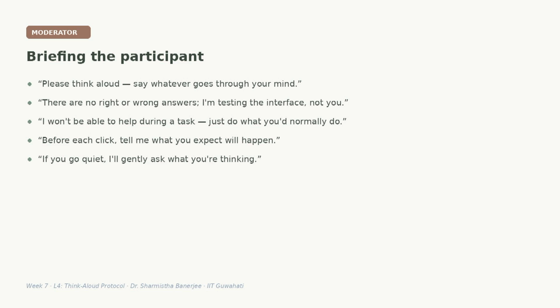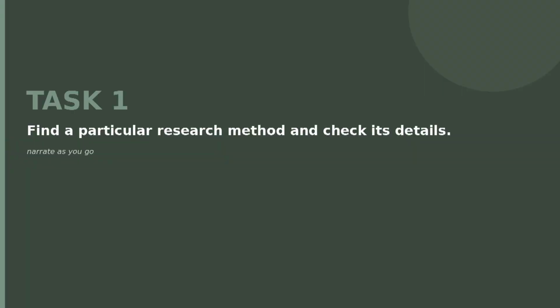I'm testing the interface, not you. I won't be able to help during a task. Just do what you'd normally do. Before each click, tell me what you expect will happen. And if you go quiet, I'll gently ask what you're thinking. Here's your first task. Find a particular research method and check its details.